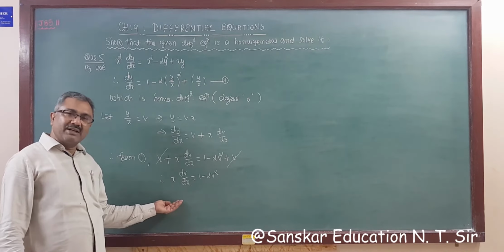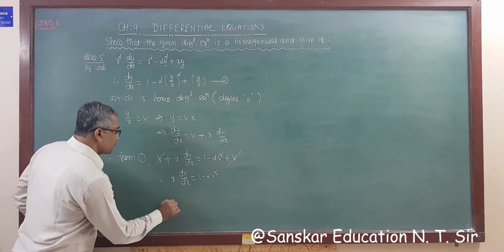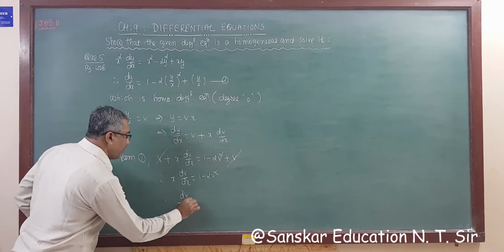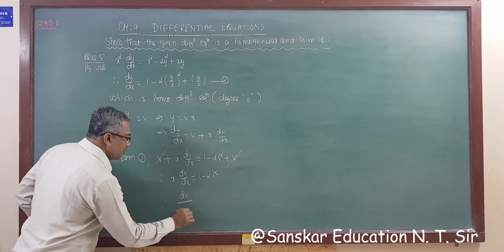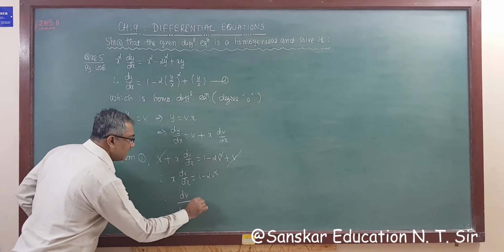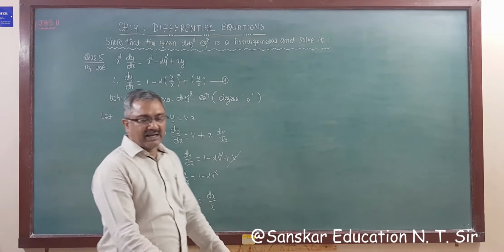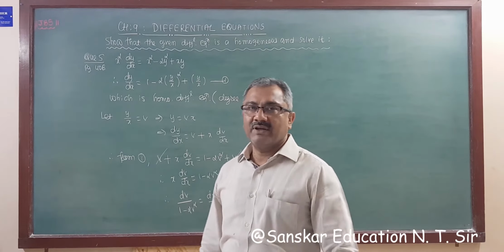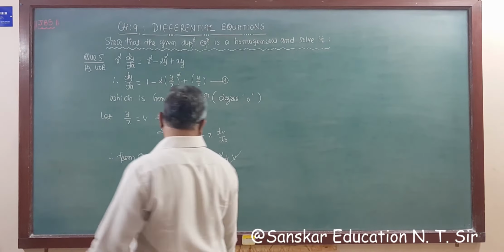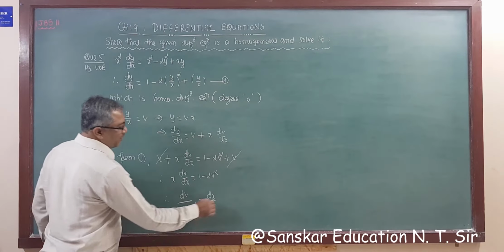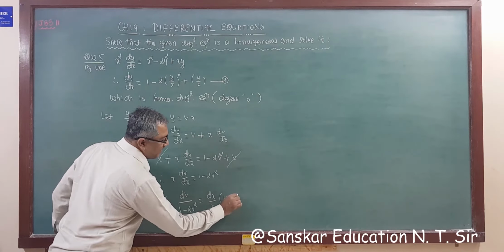So converting in variable separable form, this is dv upon 1 minus 2v square is equal to dx by x. Got it? Any problem? Now this is a variable separable form.